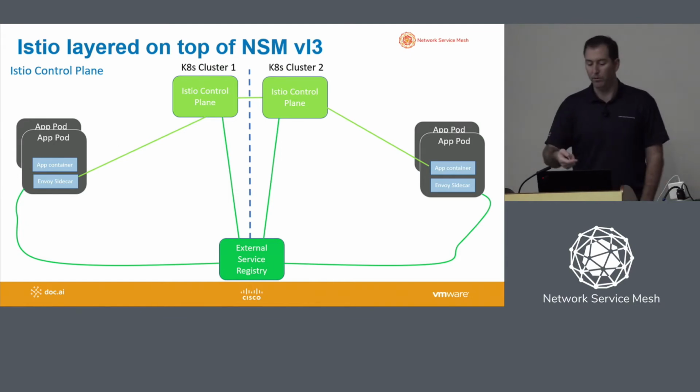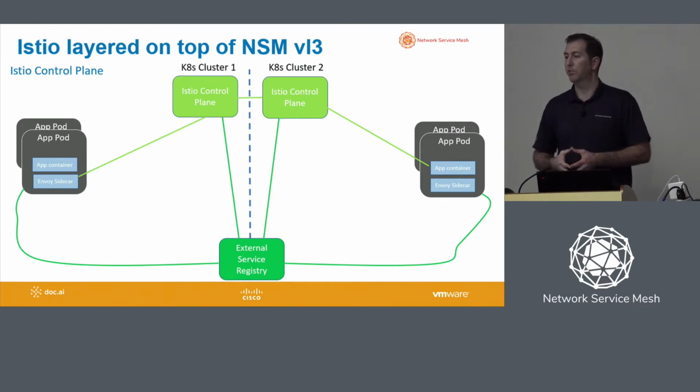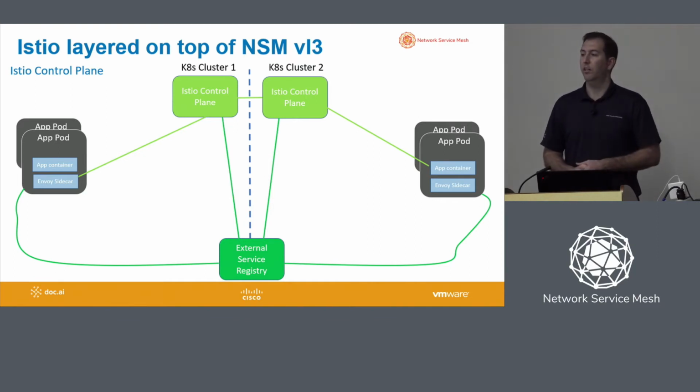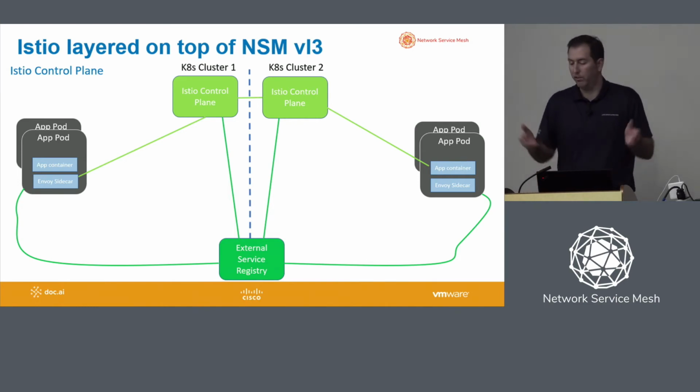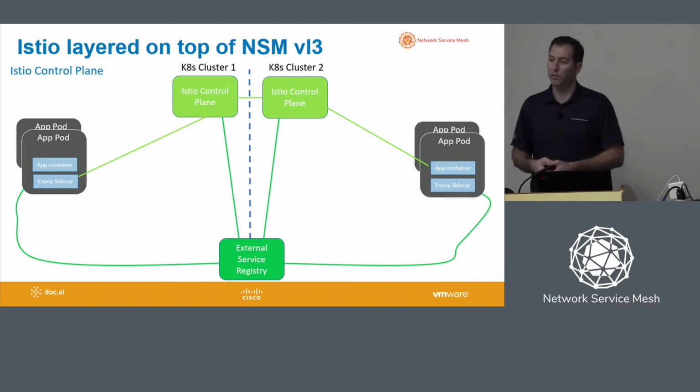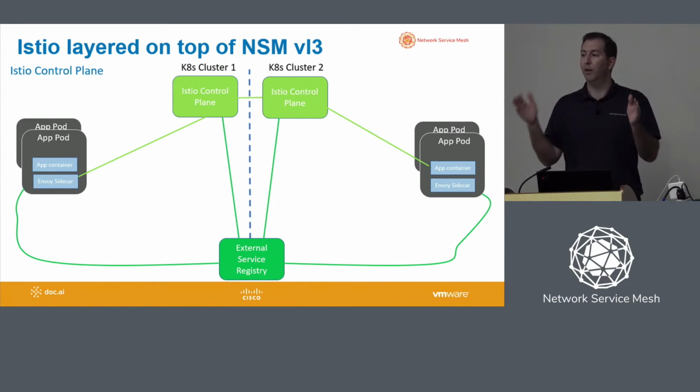So what we did was create what we call in this slide an external service registry, and that knows the interface information about all of the interfaces that are plugged into application pods in these two clusters or in multiple clusters. So we've paired pilot with service discovery from this external service registry as well. That's how our Istio control plane knows about NSM data paths.